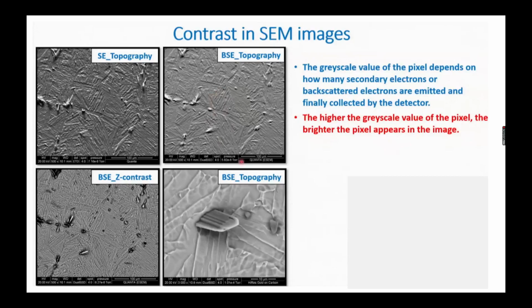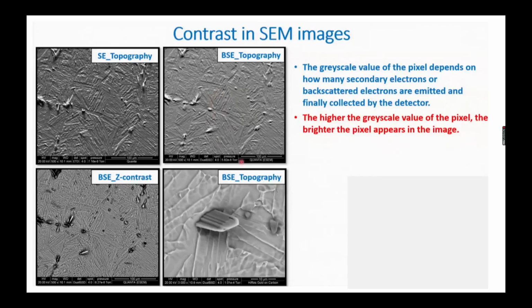So the grayscale value of the pixel depends on how many secondary electrons or backscattered electrons are emitted and finally collected by the detector. So your gray value of the pixel depends on this parameter.